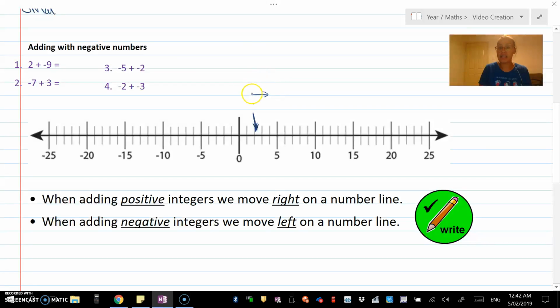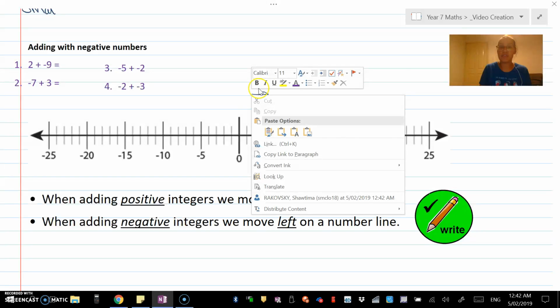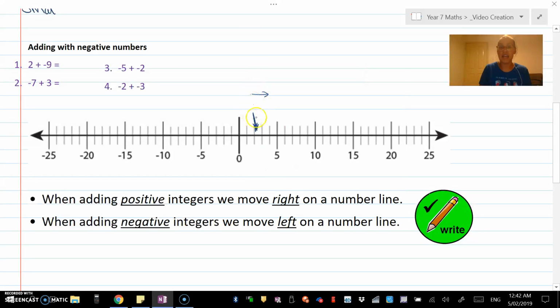But I have a negative here, so I'm actually going to be turning myself around, and I'm going to take or subtract 1, 2, 3, 4, 5, 6, 7, 8, 9. And if I have a look, I am on -7. And that's where I should be.